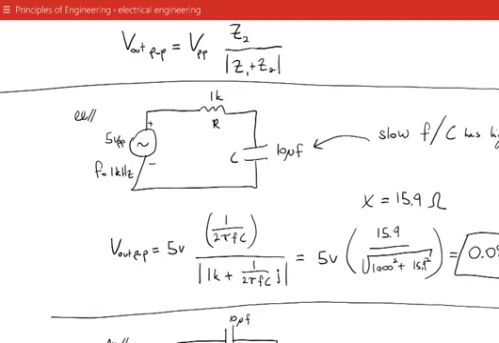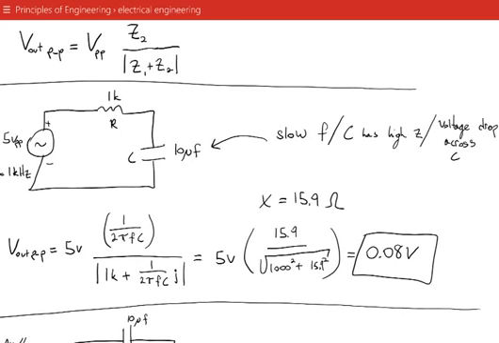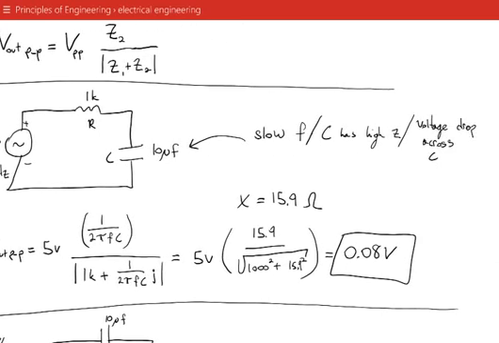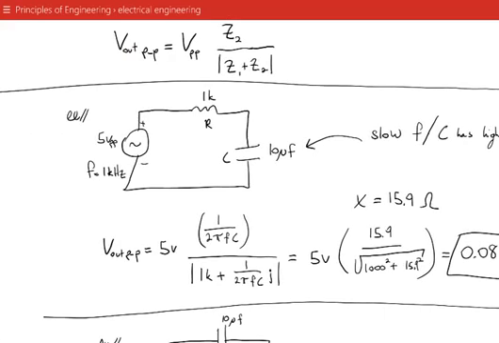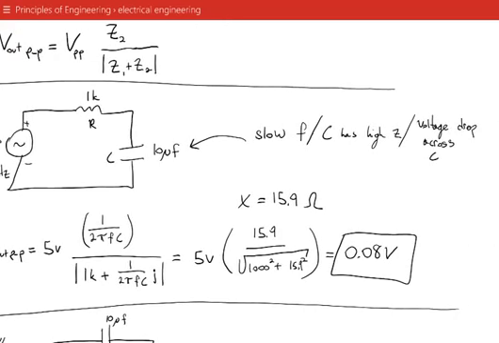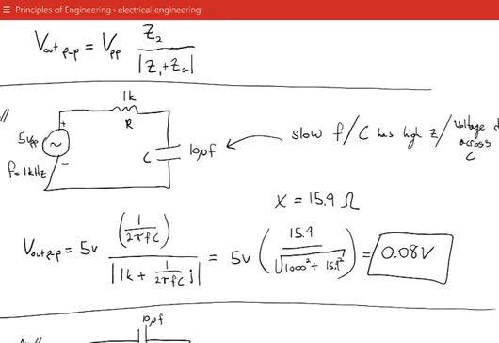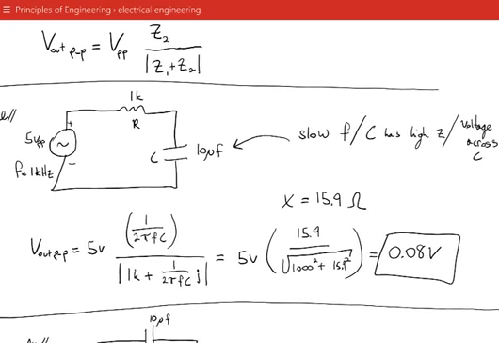And so we'll get a signal out. And so this circuit is called a low pass filter, because the voltage coming out will be relatively unaffected as long as the frequency is low.